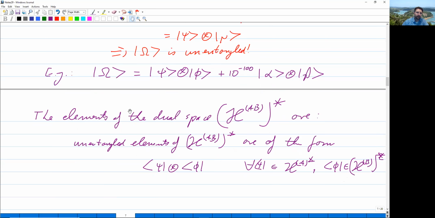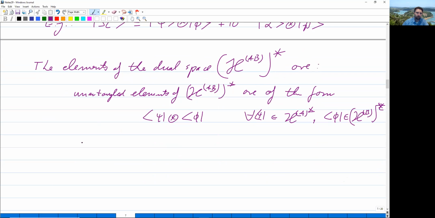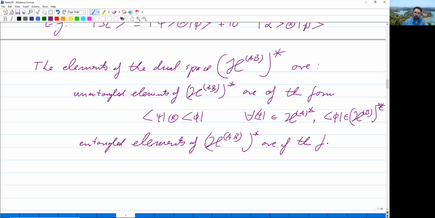And then the entangled elements of HAB star are of the form, and I think you're anticipating it, linear combinations of vectors of this type.